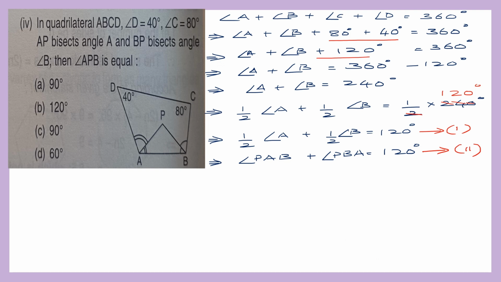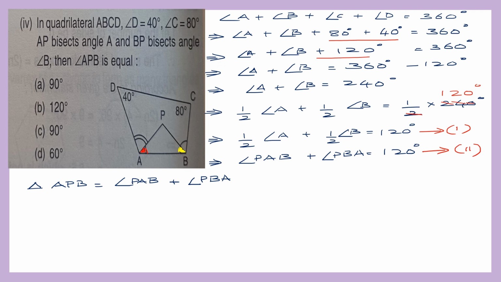That means triangle APB will be equal to angle PAB, that is this angle, plus angle PBA, which is this angle, plus the third angle.